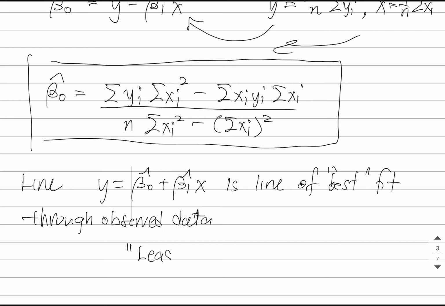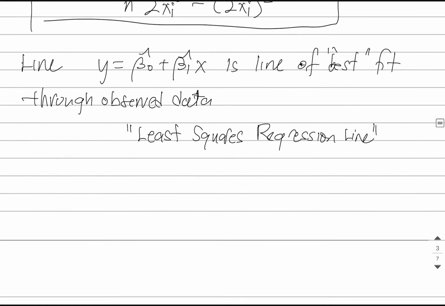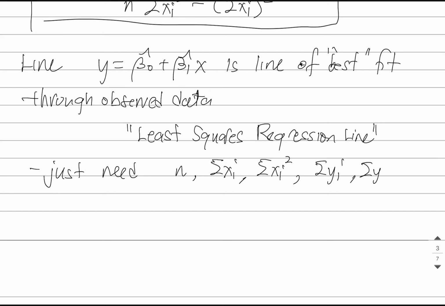So sometimes this is called a least squares regression line. Now, if you wanted to do this the long way by hand, you just need these values. You need the number of data points, the sum of all the x values, the sum of the squares of all the x values, the sum of the y values, the sum of the squares of the y values, and this weird cross sum, xi yi.